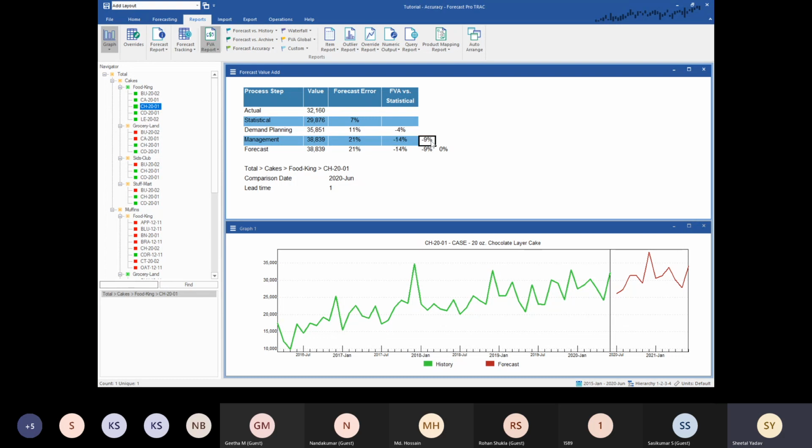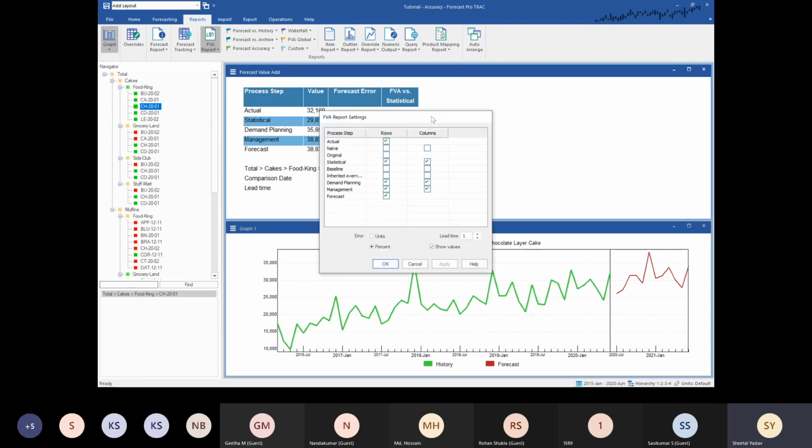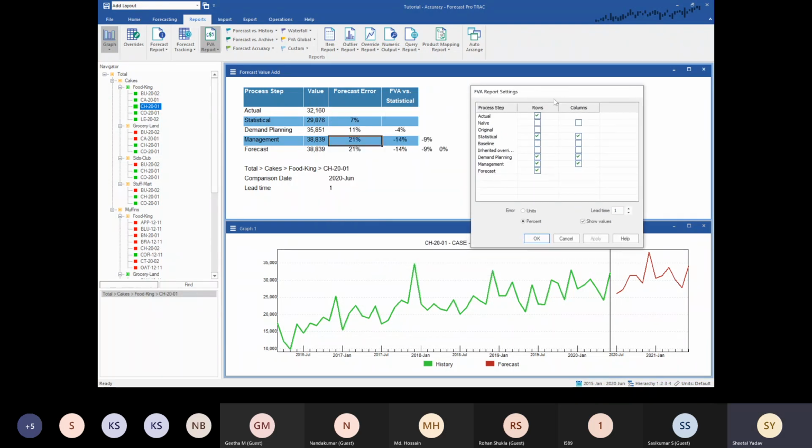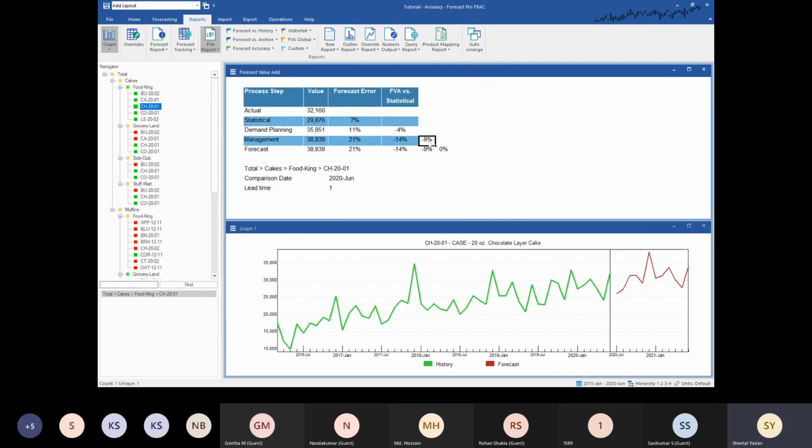We can also activate and compare my demand plan number with respect to the management number. I can look at that as well. So that's what is being represented over here. So minus 9% is how much value add the management did on top of my demand plan number.